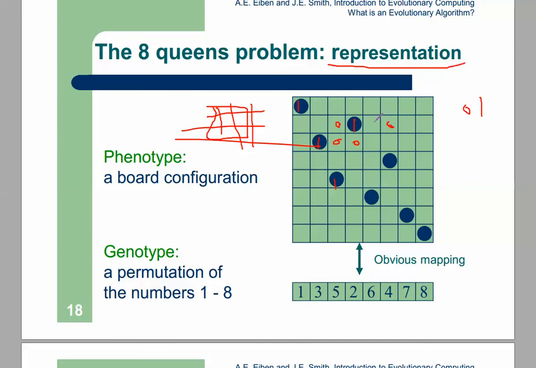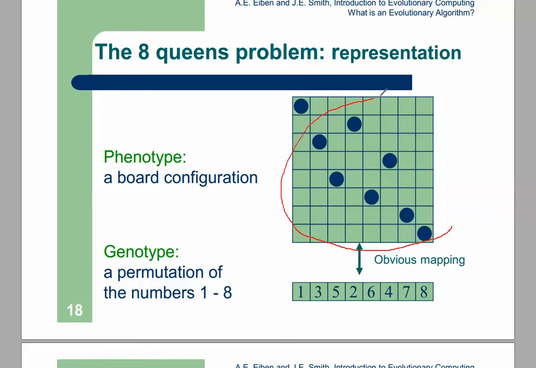In this binary representation, each solution or chromosome or individual contains an array with 64 locations. Each location includes 1 or 0.